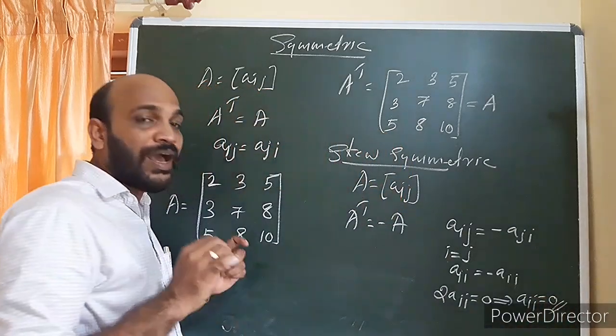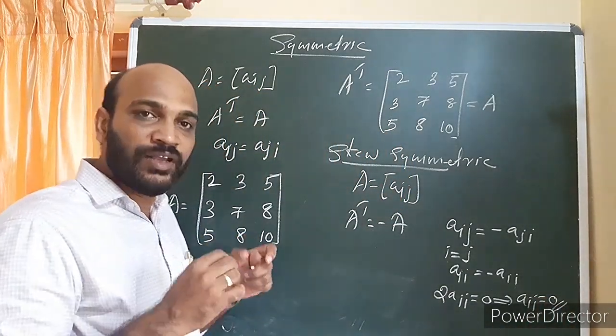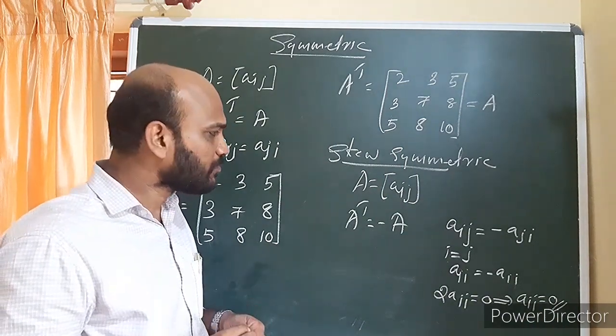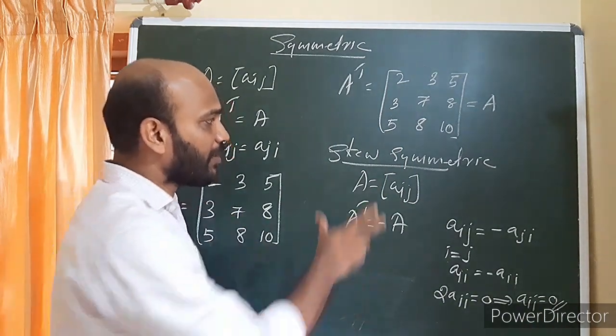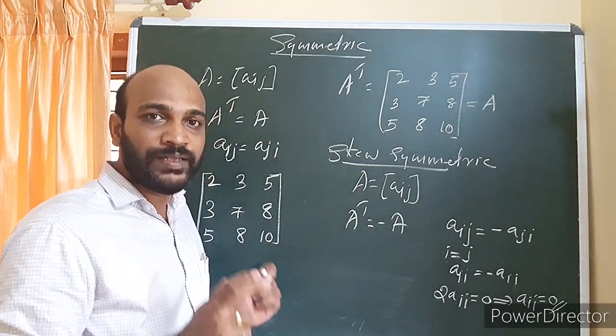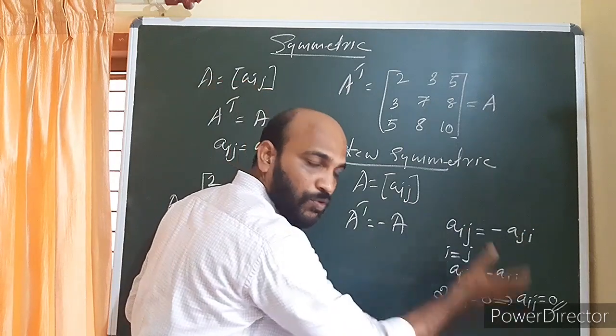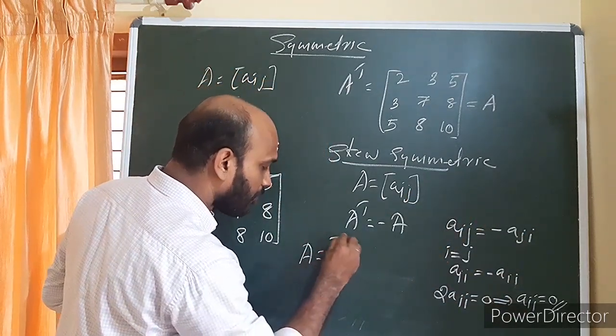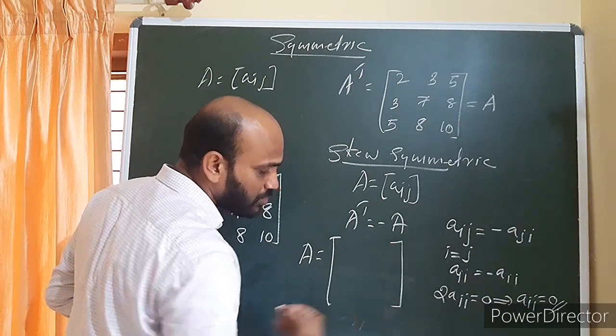What is the meaning of Aii equal to 0? A11 equal to 0, A22 equal to 0, A33 equal to 0. So, important point in case of skew symmetric matrix is diagonal elements should be 0. This is the proof. So, for example, A equal to, I am forming a 3 by 3 skew symmetric matrix.